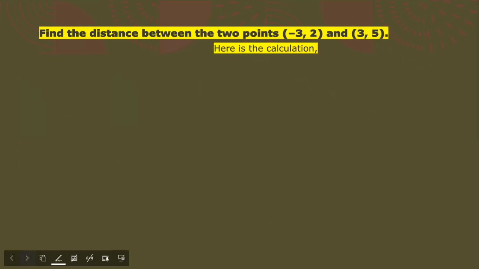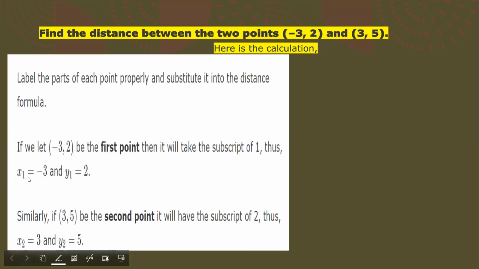Let us see an example. Find the distance between the 2 points minus 3, 2 and 3, 5. How to find the distance between these 2 points? Label the parts of each point properly and substitute into the distance formula. If we let minus 3, 2 be the first point, then it will take the subscript 1.